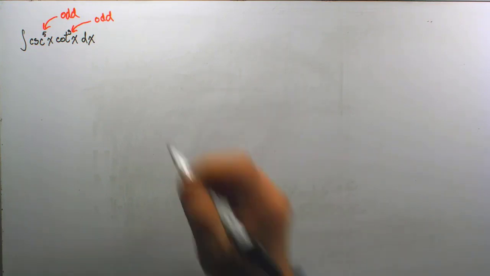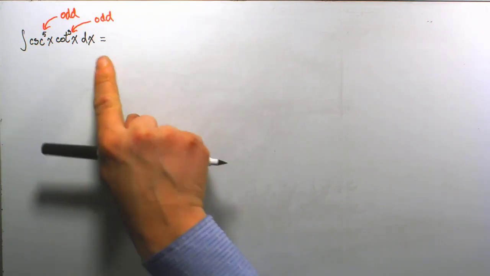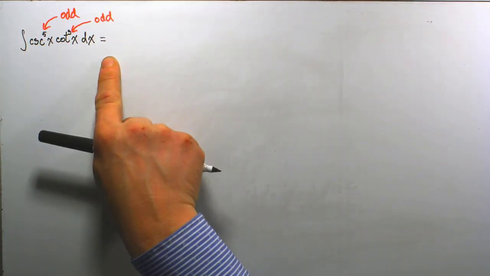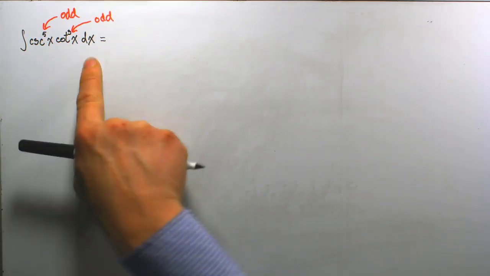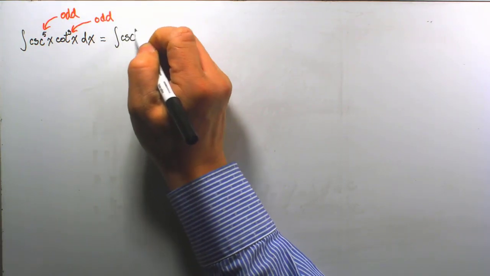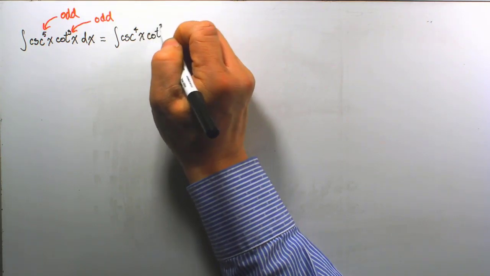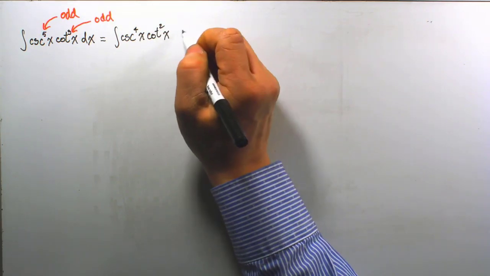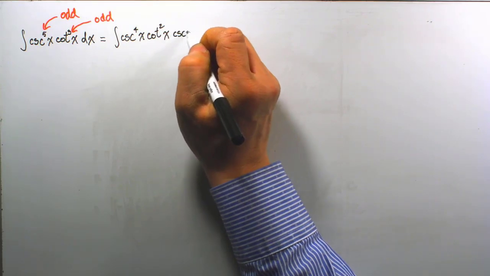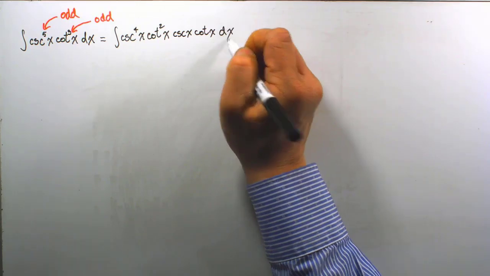As guided by the general guidelines given previously, I can rewrite this integral as cosecant to the fourth of x times cotangent squared of x, but times cosecant of x times cotangent of x, with the dx.